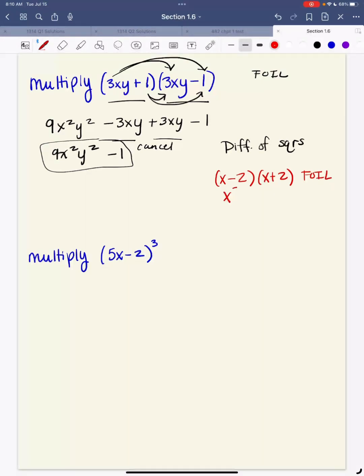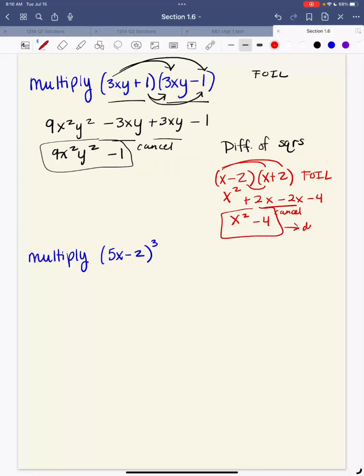I get x squared from my firsts. I get plus 2x. My inners gives me minus 2x, and I'm left with minus 4. When I clean this up, these will cancel, and I'm just left with minus 4.